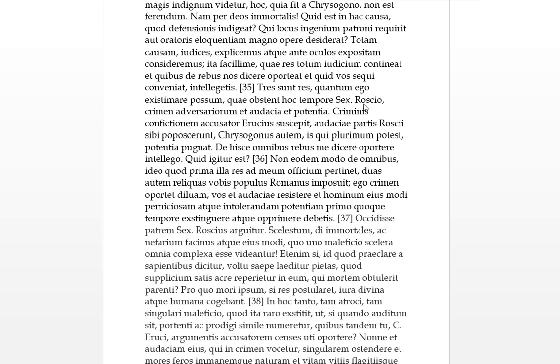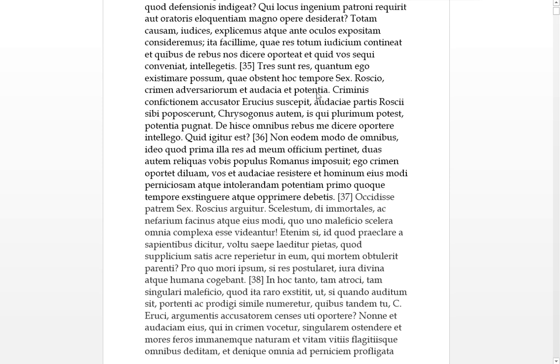So, it's blocking Sextus Roscius. In this time, there are three things that I've thought of, which are this hindrance or blockage of Sextus Roscius, the crimen, which is the accusation, adversariorum, which is genitive, so the accusations of his adversaries, and the audacia and potentia. This would be going with these adversaries, this is their boldness and their potentia, their power, their grip on power.